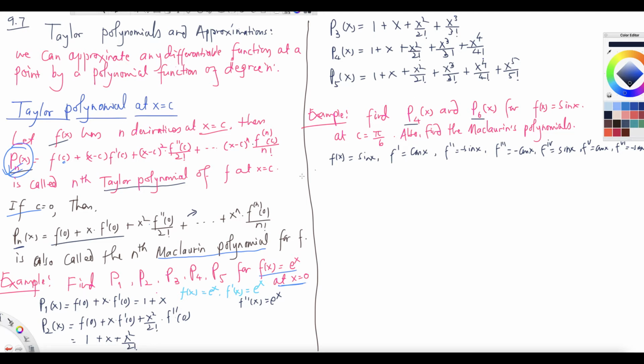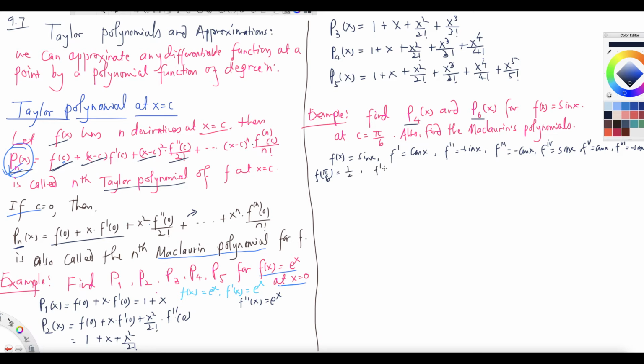Now what do you get? The formula says that you need to find f at x equals c, f prime at x equals c, f double prime, like that. So what is f of pi over 6? You plug in that. That is 1/2, right? What is cosine of pi over 6?